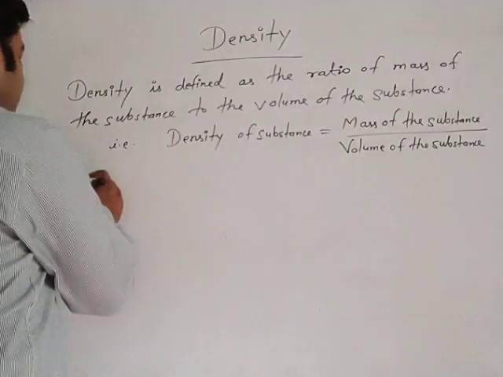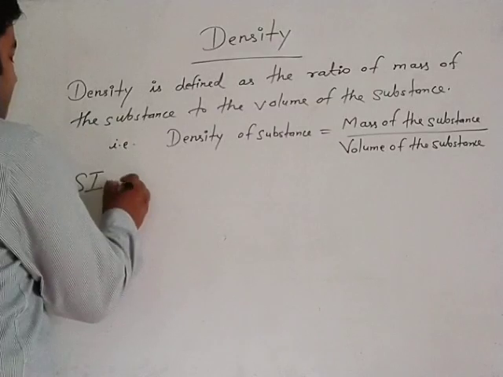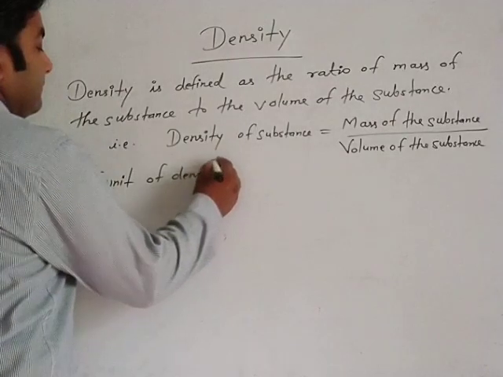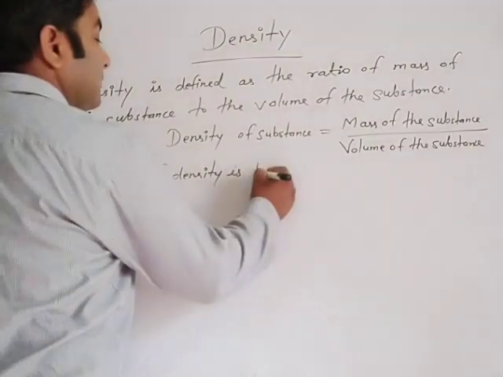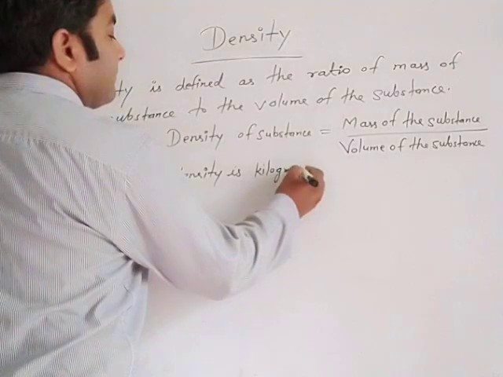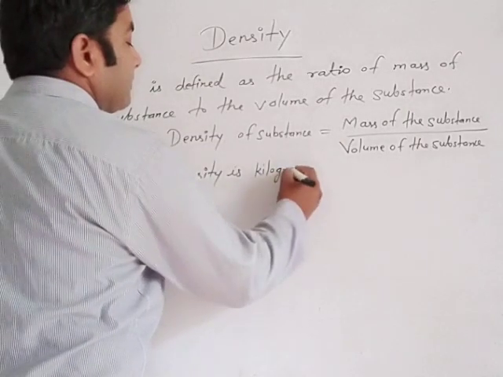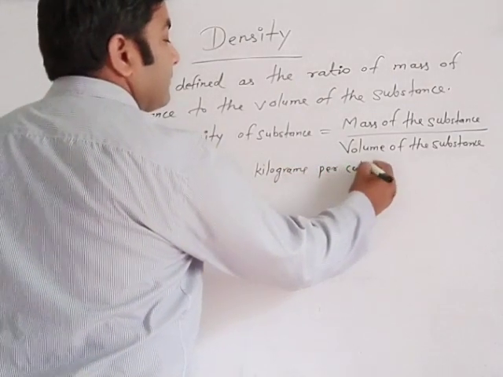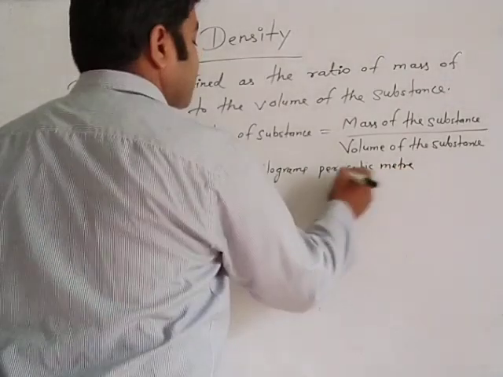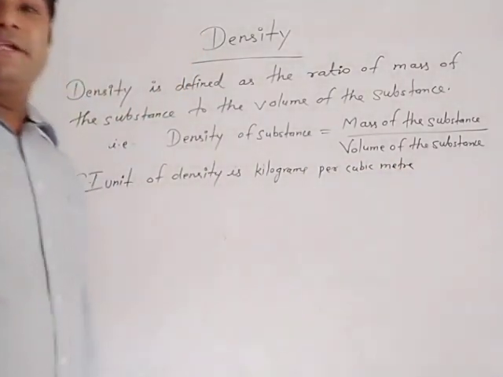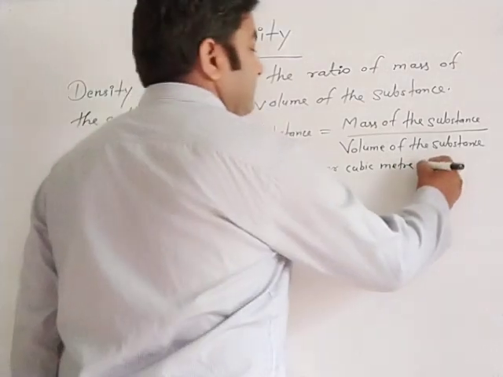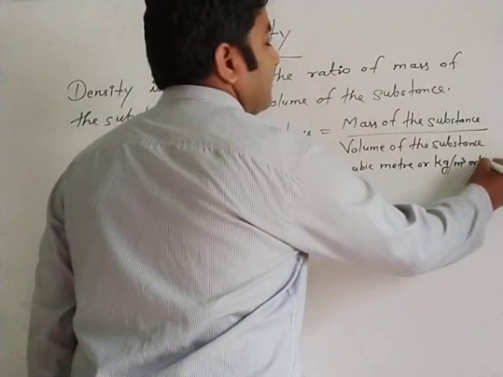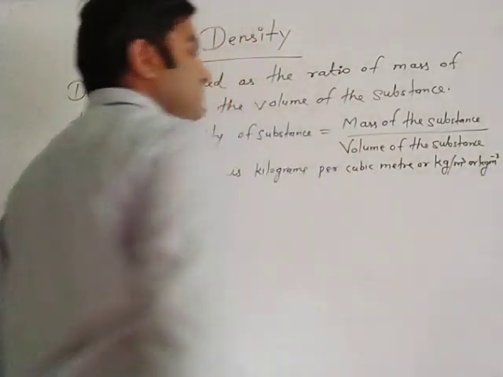So the SI unit of density is kilograms per cubic meter, or simply kg per meter power 3, or kg meter power minus 3.